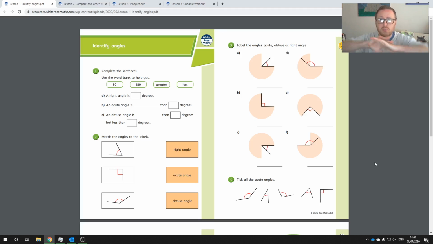Now, this week is all about angles and shape. Angles are a measure of turn, how much something has turned round. If you've got two lines, you can measure the angle between them by how much one line would have turned to get to the other.